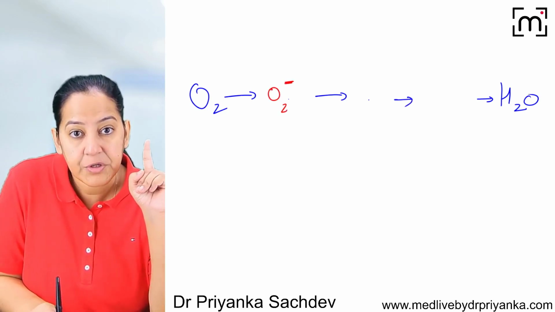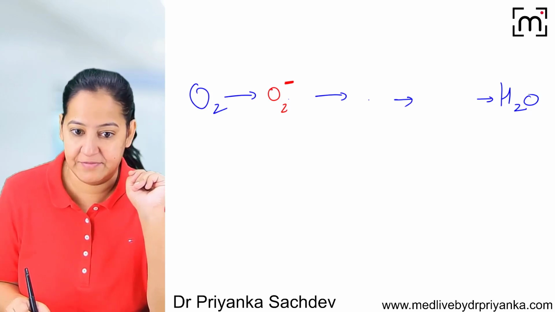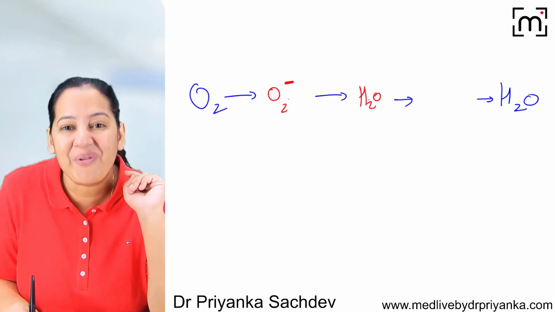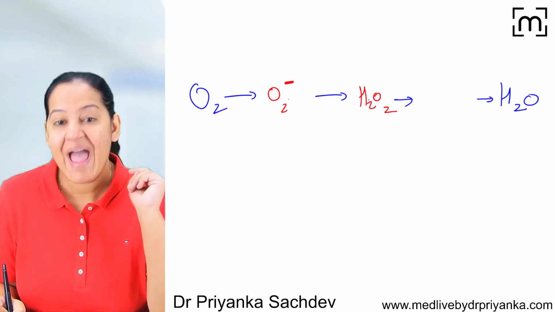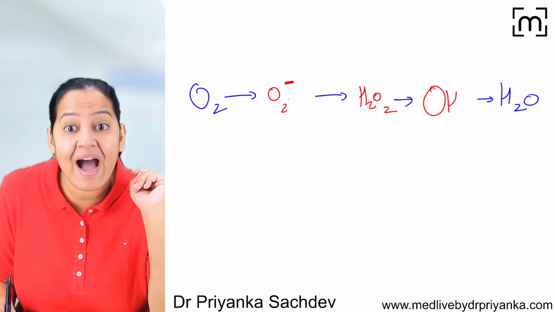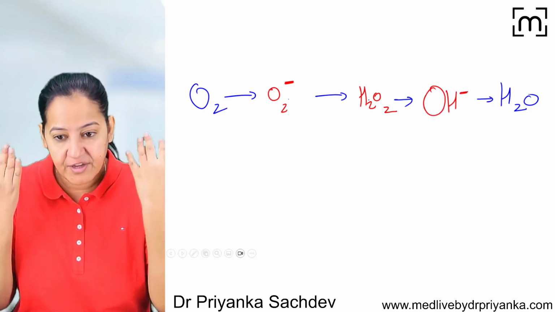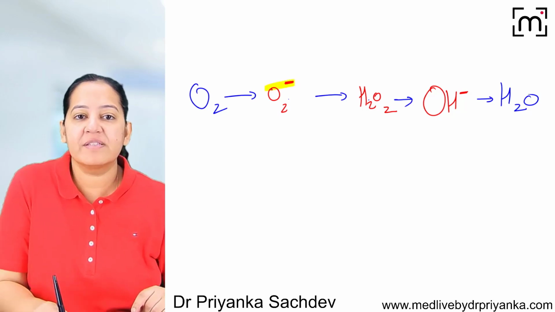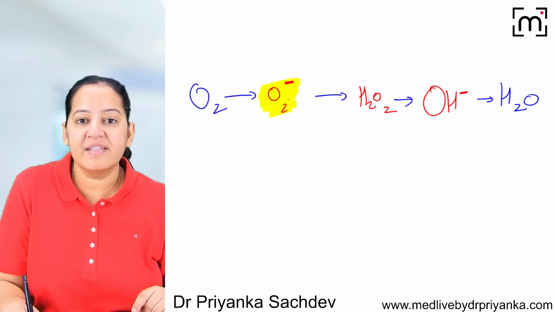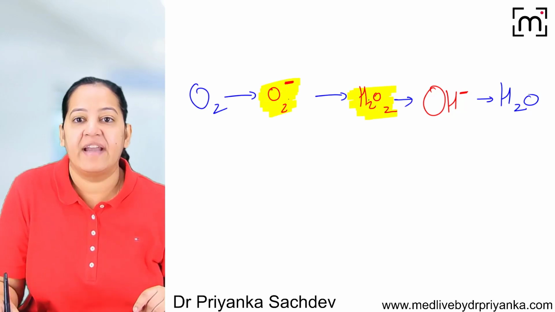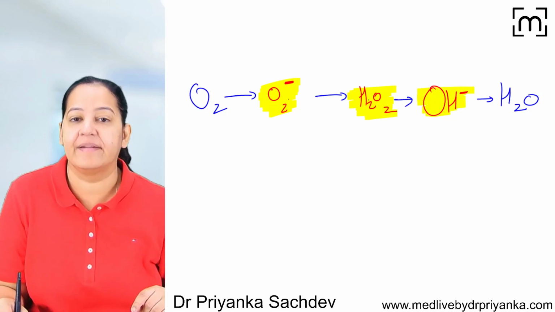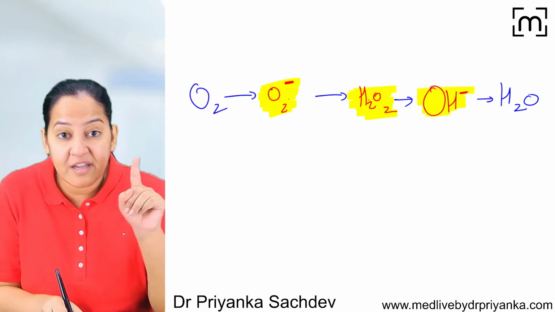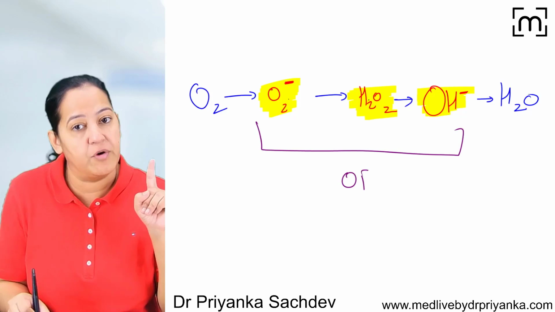First, superoxide is formed, that is O2 negative. Then hydrogen peroxide is formed, that is H2O2. And then hydroxyl ion is formed, that is OH negative. Learn their formulas, learn their names. So the 3 types of free radicals are superoxide, hydrogen peroxide, and hydroxyl ion. These are the 3 intermediates of oxidative phosphorylation.